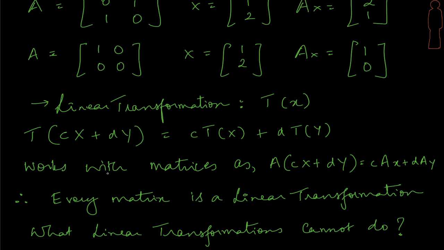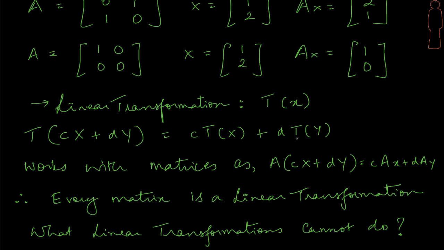But when we say a transformation is linear, it means that if you take a linear combination of the vectors, then it must result in the linear combination of their individual transformations. Okay, so that's the idea of a linear transformation.